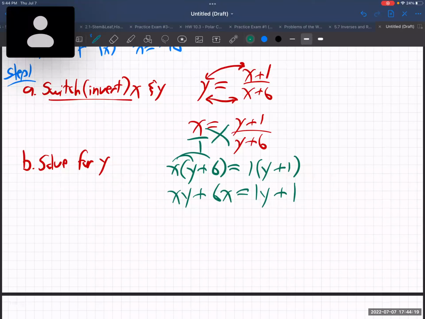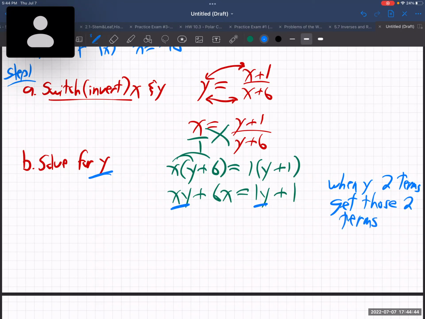But notice something, y is in this term and in this term. So when we're trying to get y alone, when y is in 2 terms, get those 2 terms on the same side.